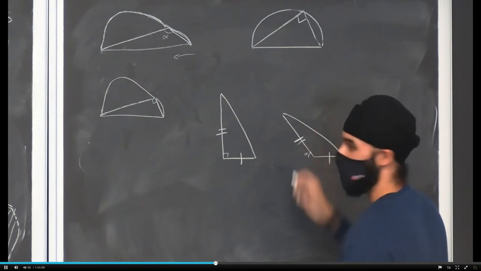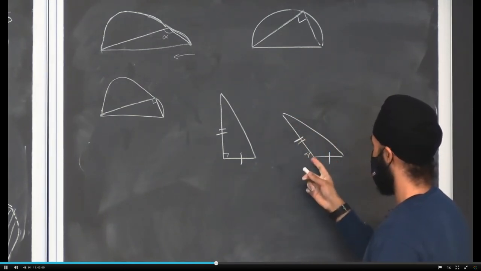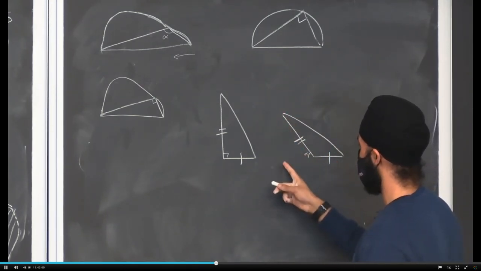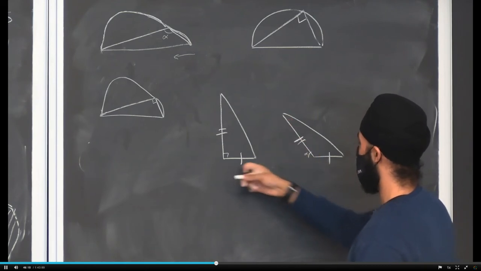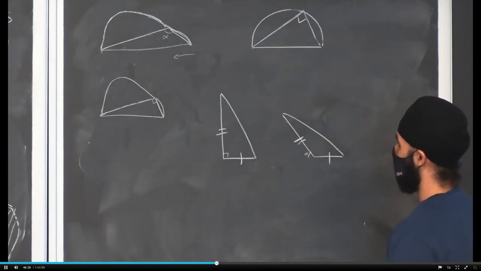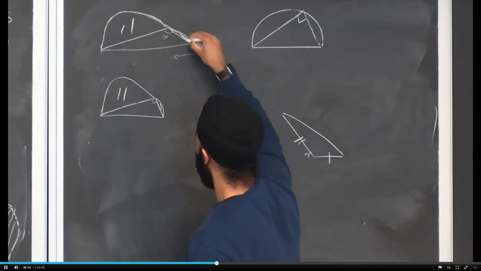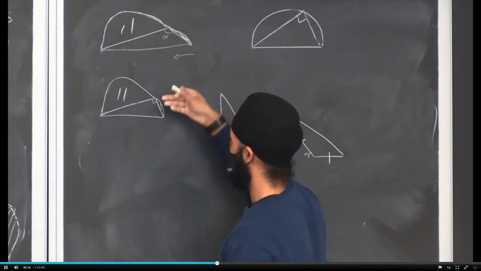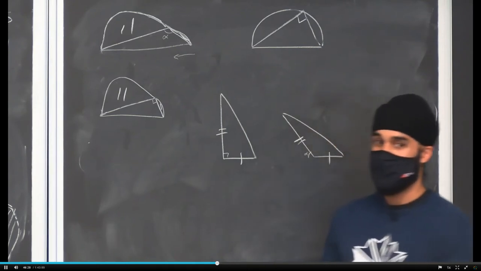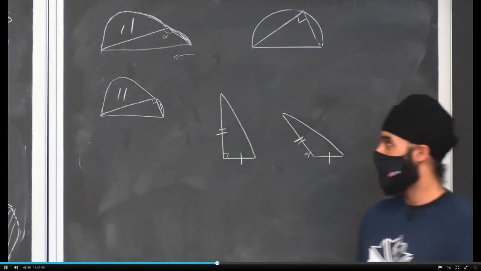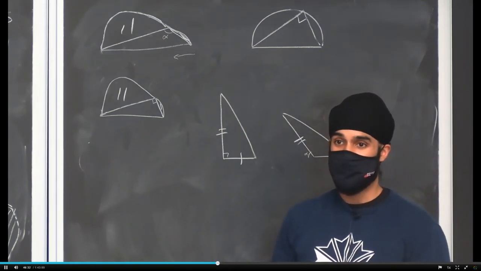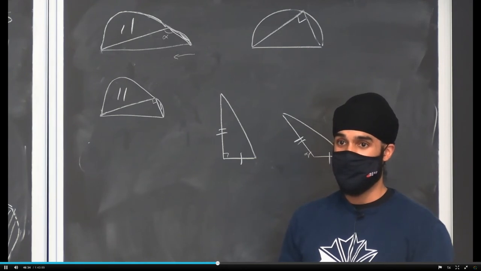We could do sine of this angle. This is not 90 degrees, so this height is definitely not going to be the same as this. So this triangle has more area than this. These two areas are still the same. This one is greater than this one. We can reflect it, and all of a sudden, from a curve that was not a circle, we constructed another curve which had a greater area.